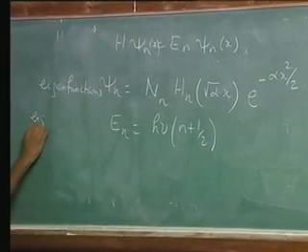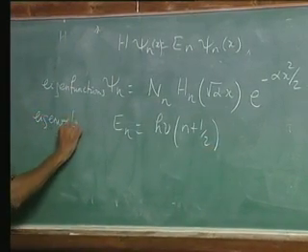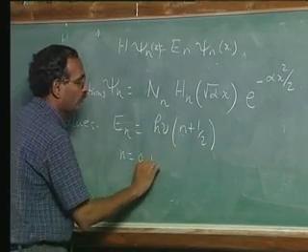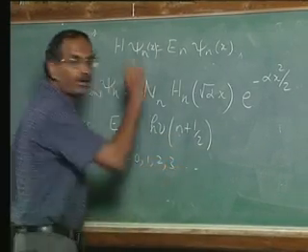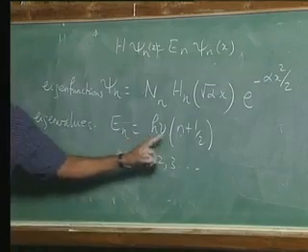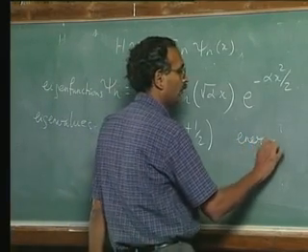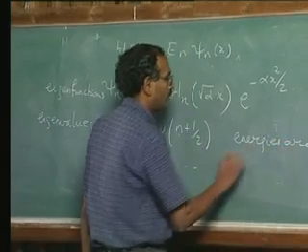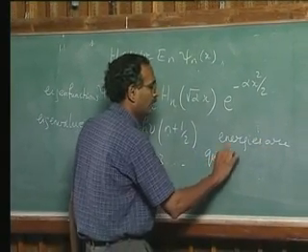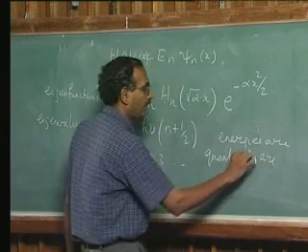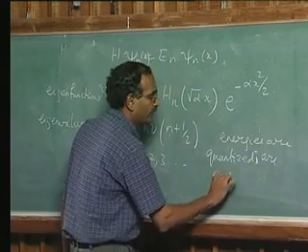These are the eigenvalues. n is 0, 1, 2, 3, etc. Therefore, the energies are quantized, and energies are equidistant.